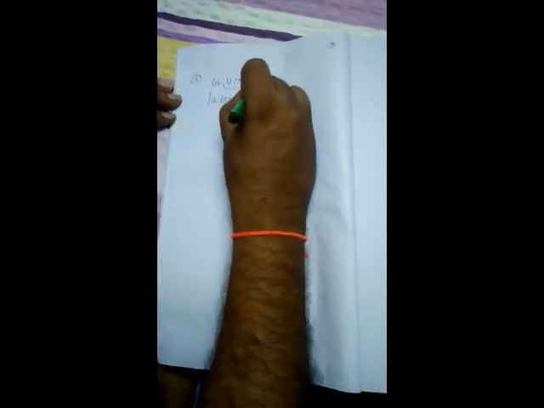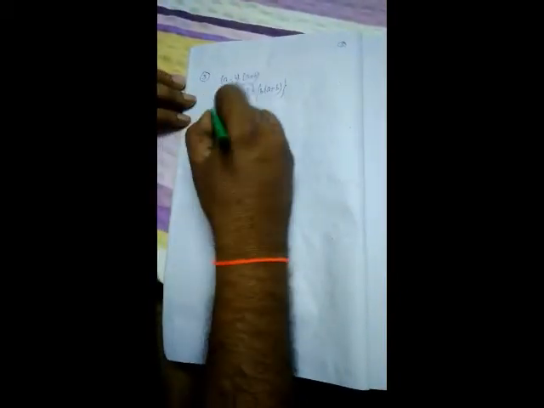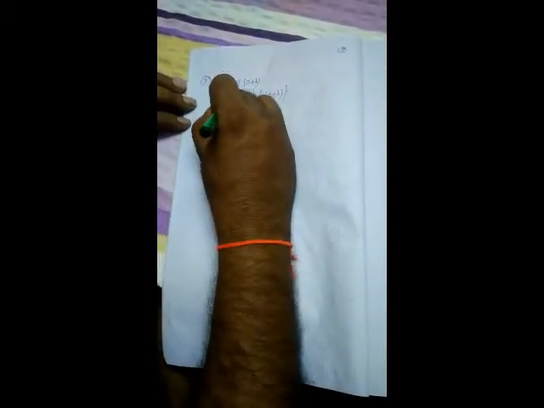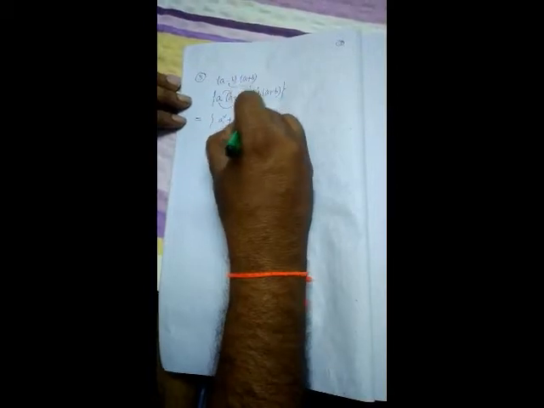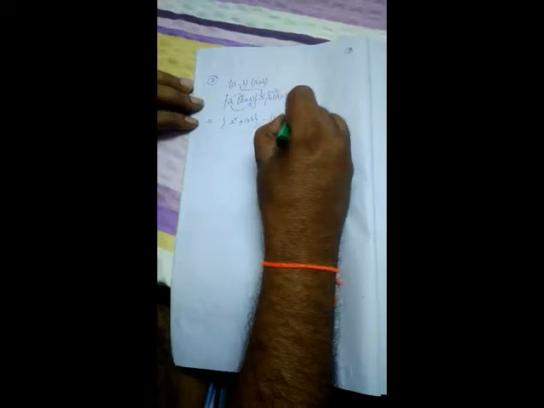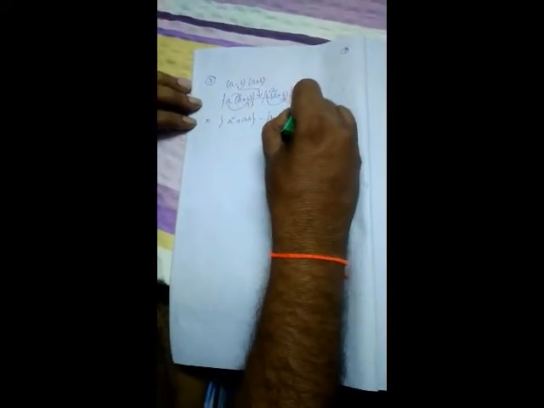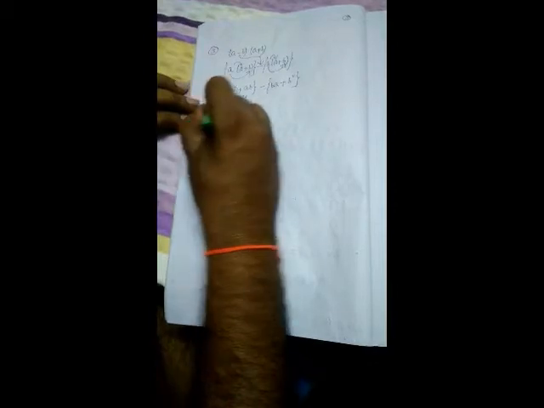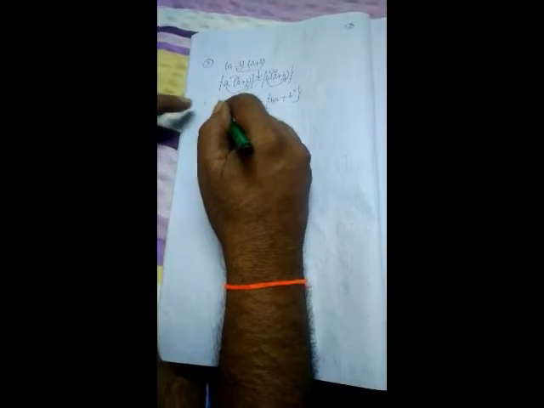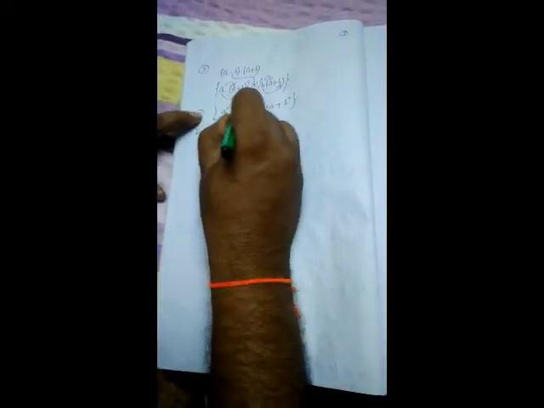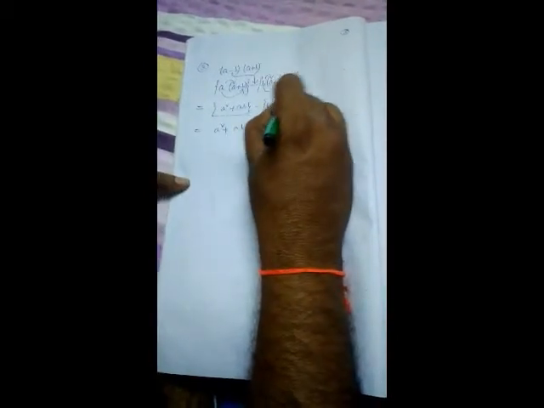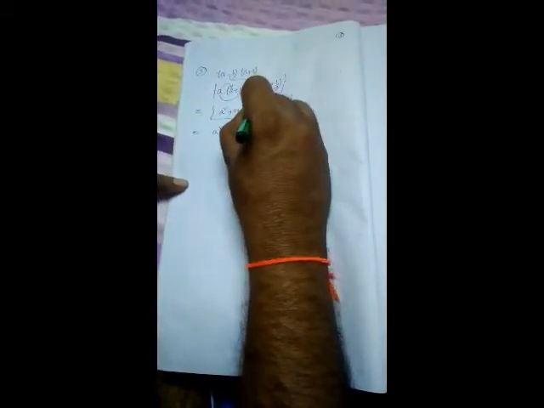Better you keep curly brackets. That is a into a, a square, plus a into b, ab, minus b into a, ba, minus b into b, b square. a square plus ab as it is. We can break the brackets because in front of a square plus ab there is a plus symbol. In front of ba and b square, a minus symbol is there.